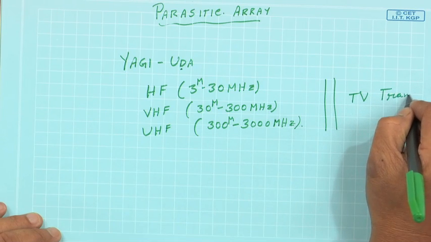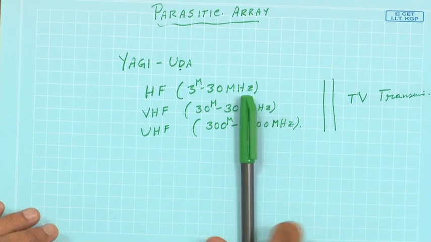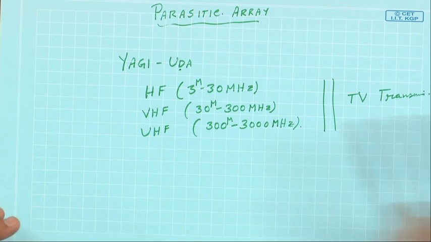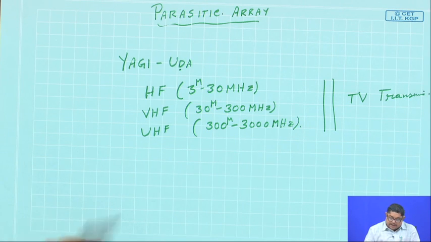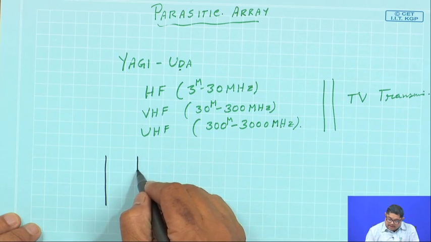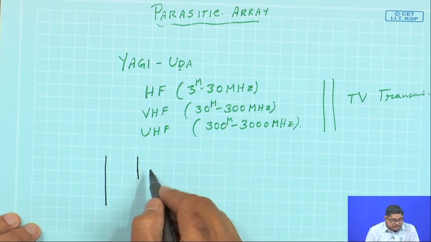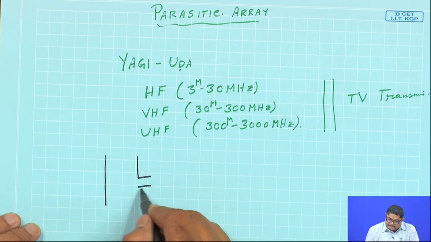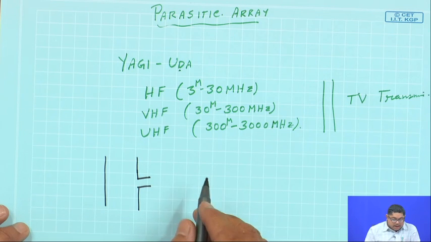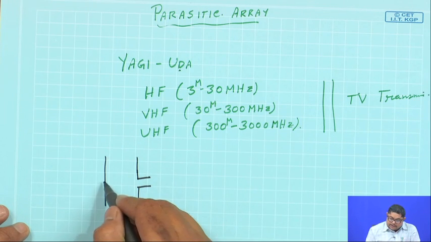For TV transmission, this is an excellent antenna, and it gives a good amount of directivity, which was not possible with a single dipole. To understand this structure, let us look at it like this. Suppose I have a dipole antenna, and this is a parasitic one.